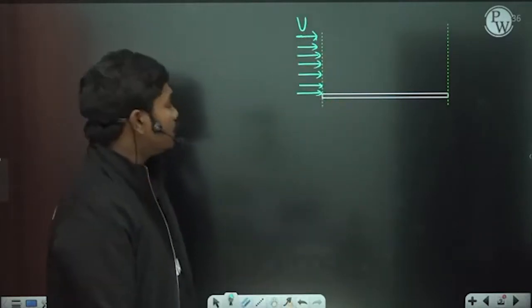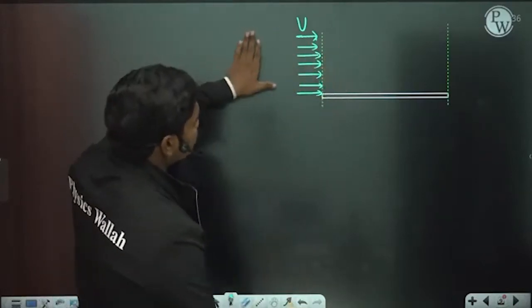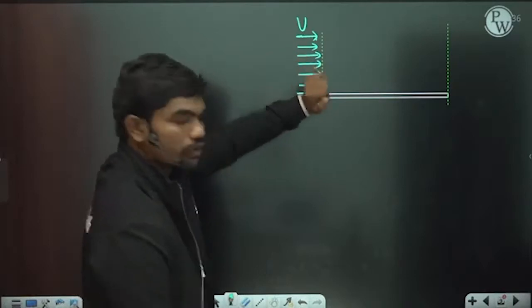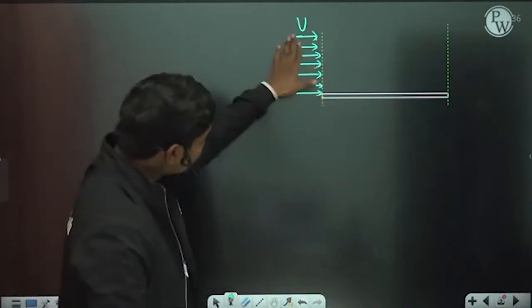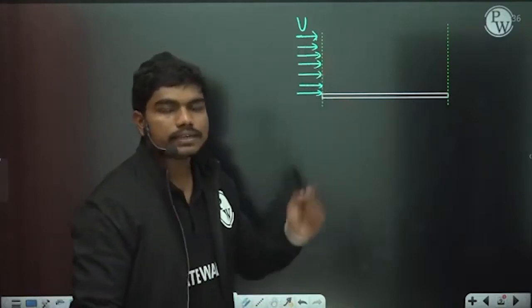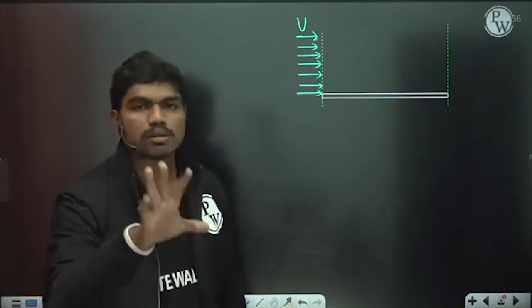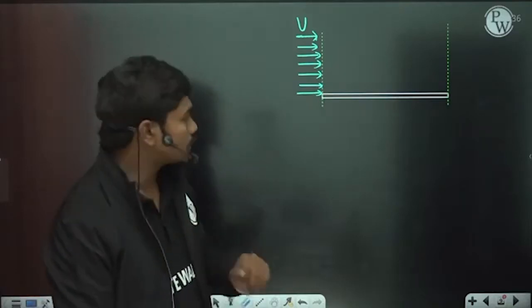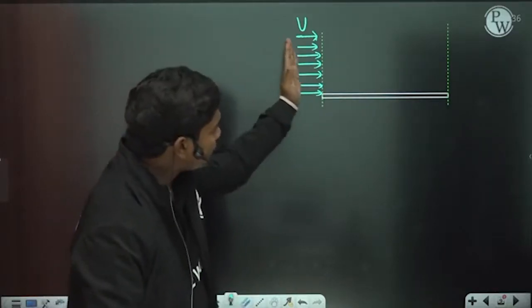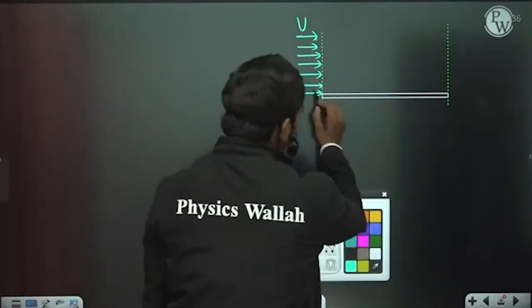Now what happens? Whenever different layers of fluid are coming, till this point there is no restriction for the flow, so all the layers are coming at the same velocity. But by the time the fluid crosses this section, the plate acts like an obstruction to the flow. Compare it with an automobile example: by the time your vehicle reached here, you applied brakes, so obviously the fluid starts slowing down.